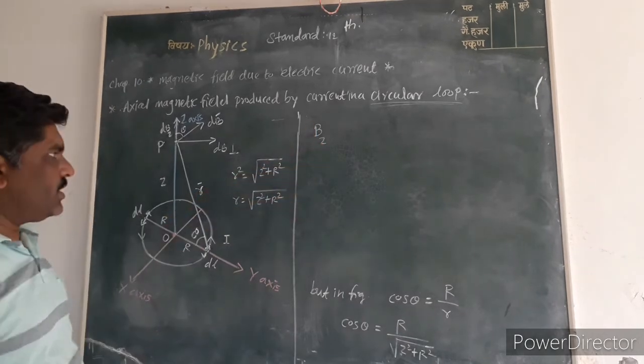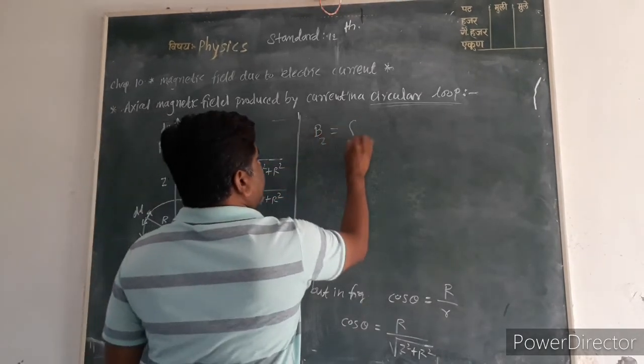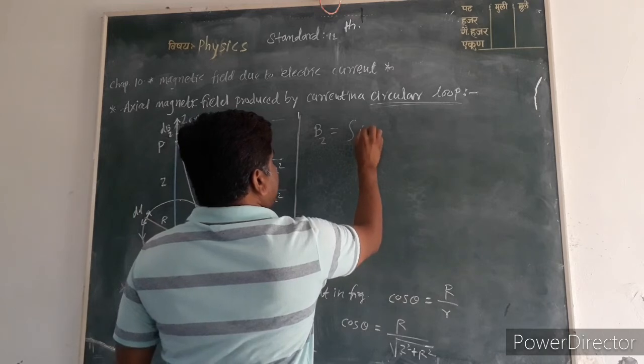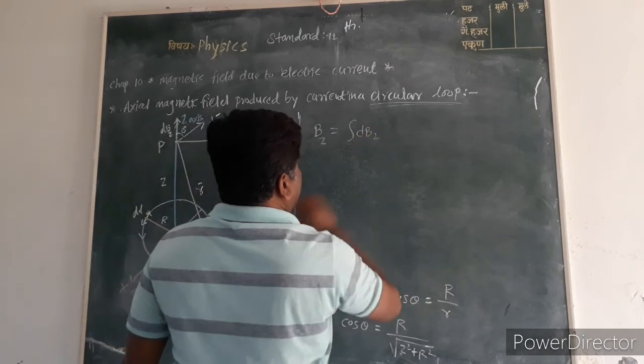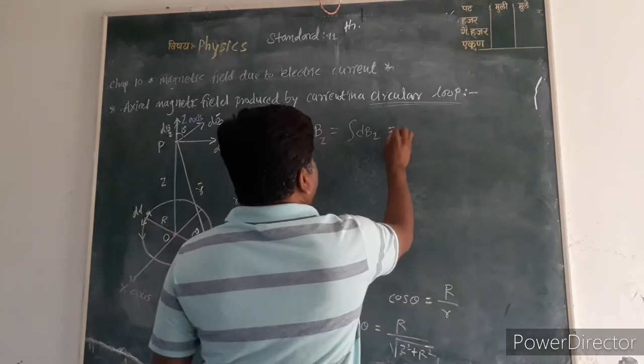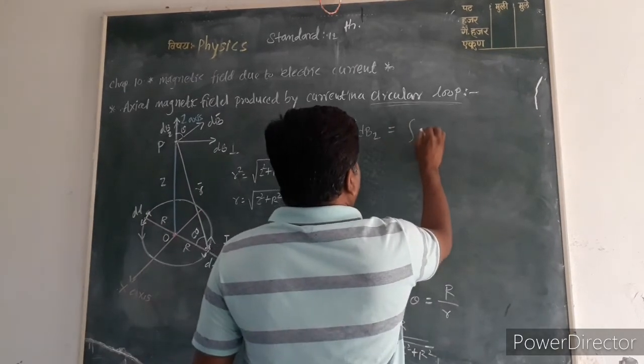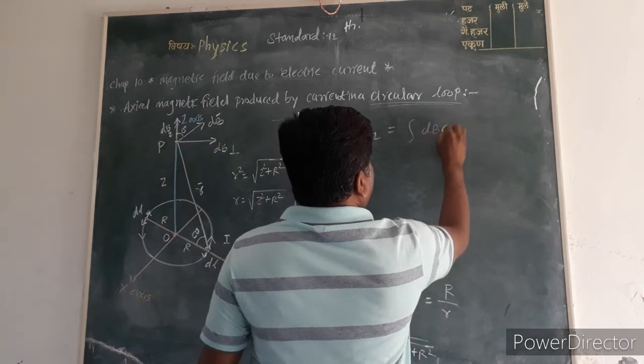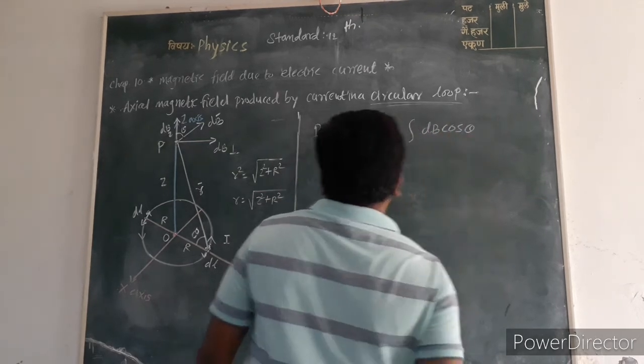Hence we can write Bz is equal to integration of dBz, which is integration of dB cos theta.